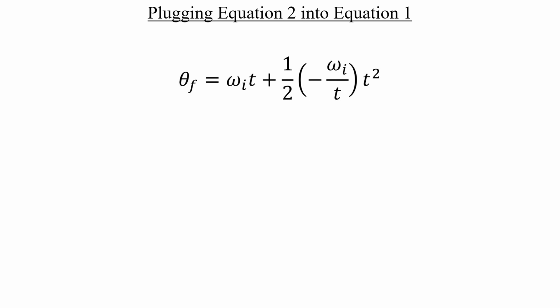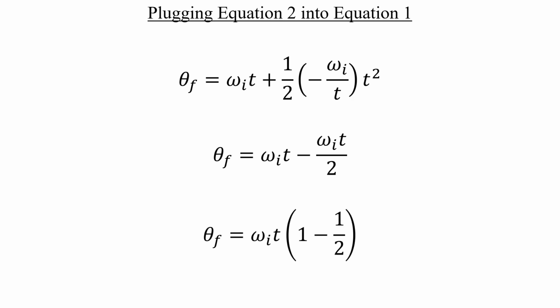Notice that one factor of time cancels out on the right. And we have similar terms here as well. If you factor out omega initial times t, well, it's pretty clear that we're taking a full amount of that quantity and subtracting half of it, which leaves 1/2 remaining.